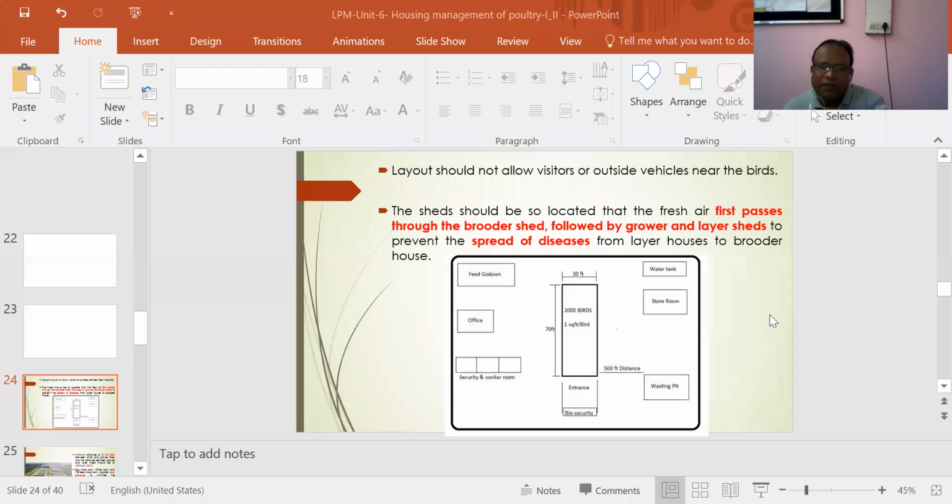So the buildings or sheds at the poultry farm should be arranged in such a way that the fresh air coming to the farm first passes from the brooder to the grower and then to the layer shed.